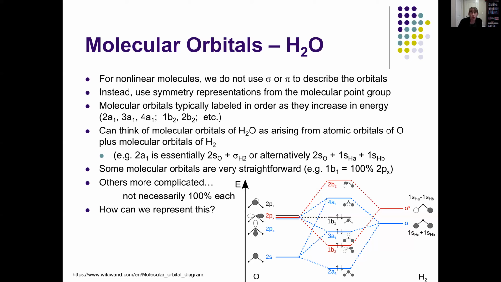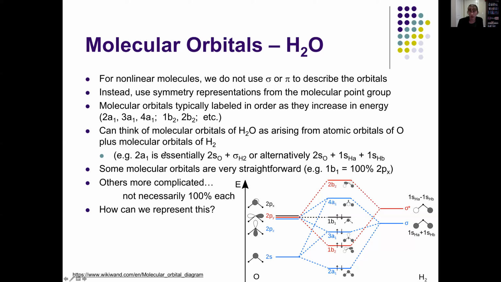Now, when we think of water, we can think of writing those molecular orbitals as coming from atomic orbitals of oxygen plus atomic orbitals of hydrogen, or from the molecular orbitals of H2, which is something you may have learned about during group theory.